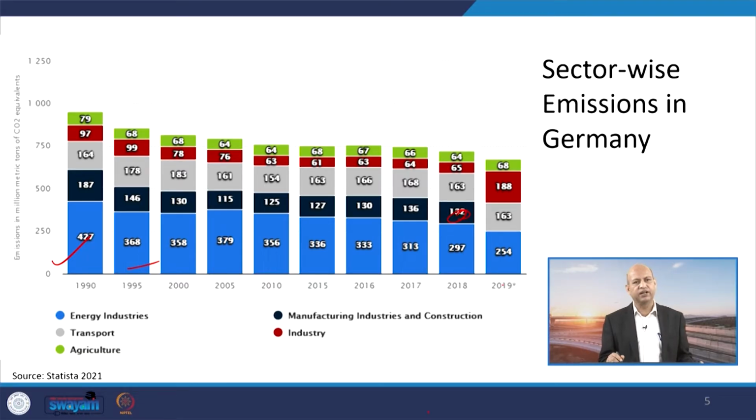So in that sense transport is still the third one: 188 is second, 163 comes after, and 254 is the maximum, from the energy industries or energy producing sources.